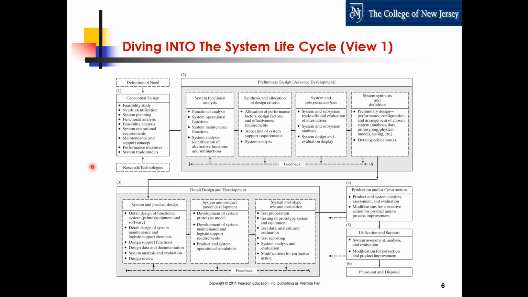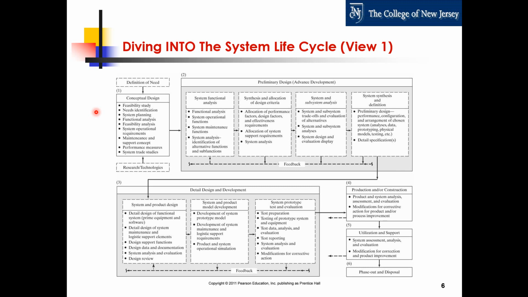And the elements of this conceptual design process are that we're going to look at the feasibility, how we identify the need, how we plan the system, the functionality, distilling the system operational requirements, maintenance and support concept, and performance measures.